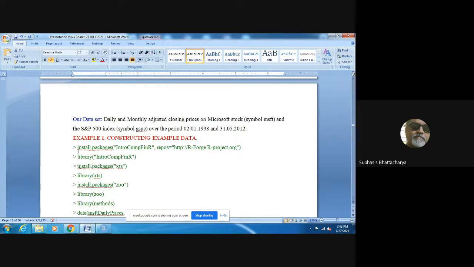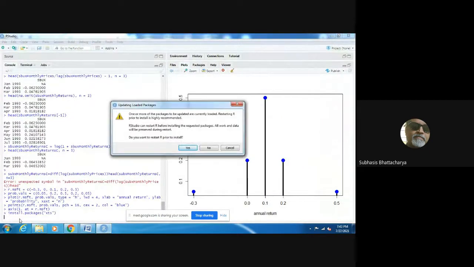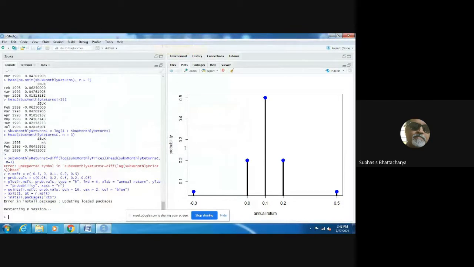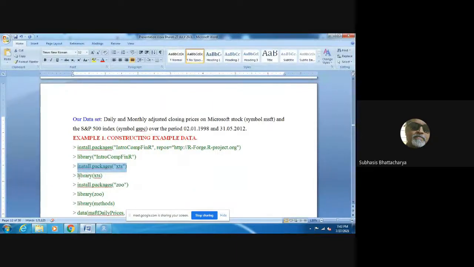That is install packages, then library. This is done. So I first install XTS. It is already there, so it will show something. Yes. Then library XTS.